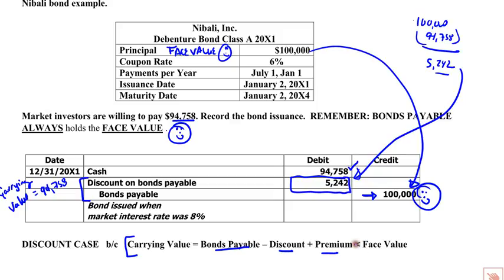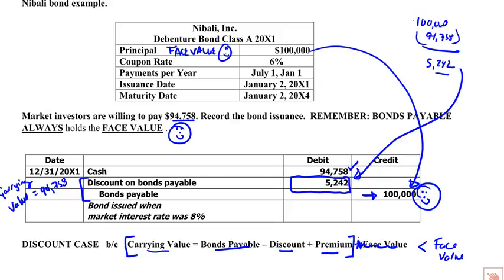And in the discount case, carrying value is less than face value. So discount because carrying value is less than face value, but in general, the definition of carrying value is bonds payable minus discount plus premiums.